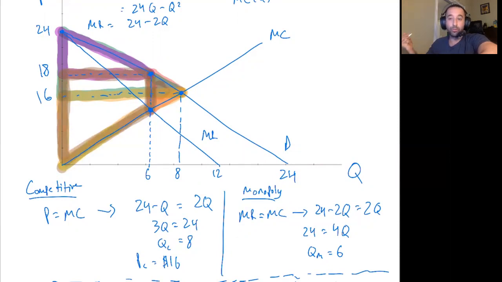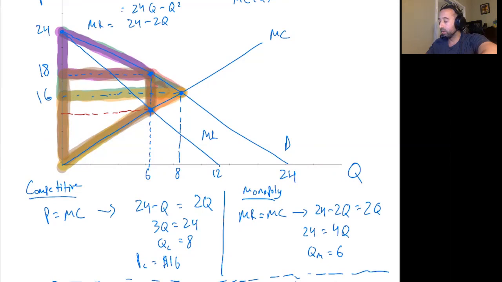Okay, so we need to calculate this. You can either use the formula for a trapezoid, or the way I like to do it is separate it into a rectangle and a triangle. In order to do the rectangle and triangle method, we need to solve for the y value for this point, because that's going to form our bottom triangle, and then we'll be left with a rectangle at the top. So how do we solve for this point?